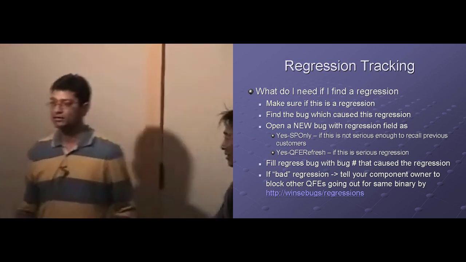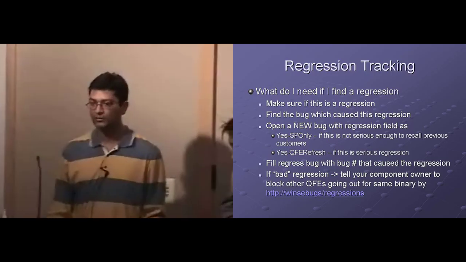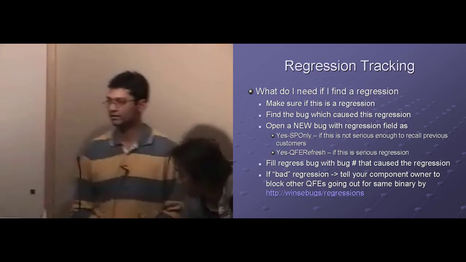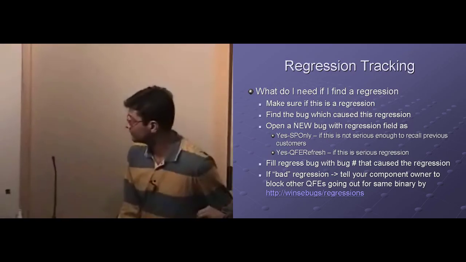The question is, which fields in Product Studio do we have to mark properly to ensure that we have a regression here? Let me show you Product Studio.